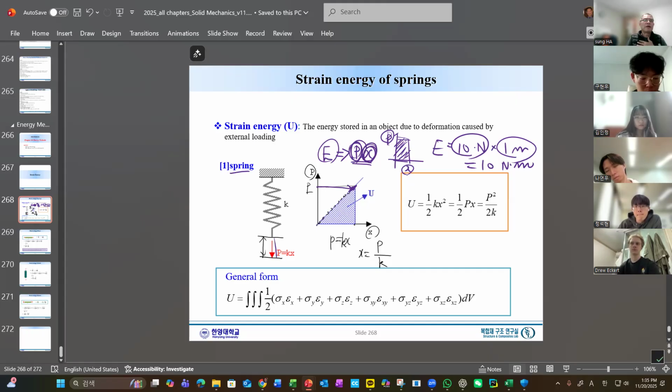Then we would have a very small displacement and small force, and then another small force and things like that. So if we divide these into very small amounts like this, each one will be the same as that, but again this P will gradually increase along with the X.